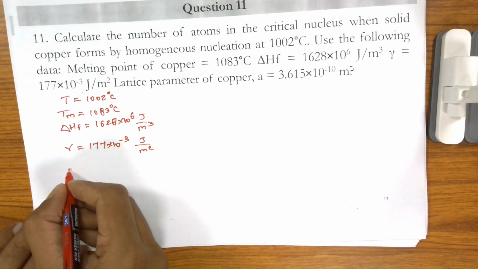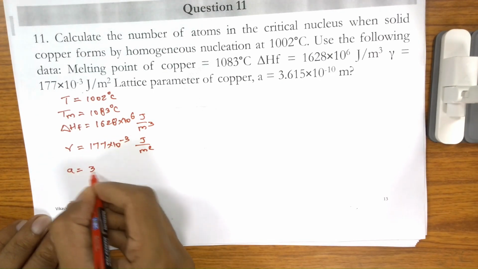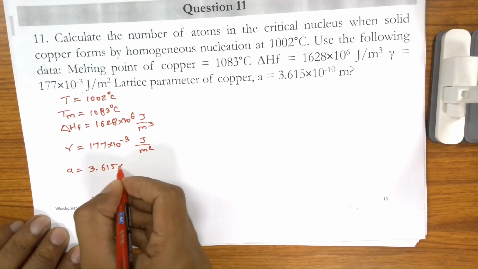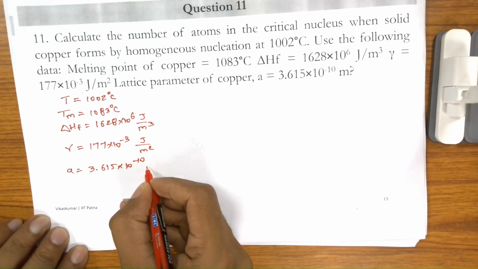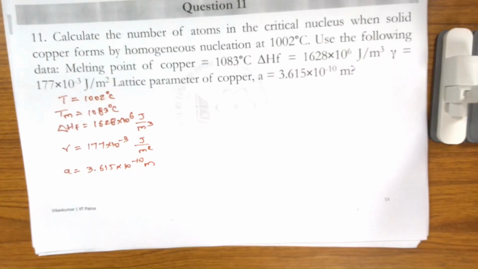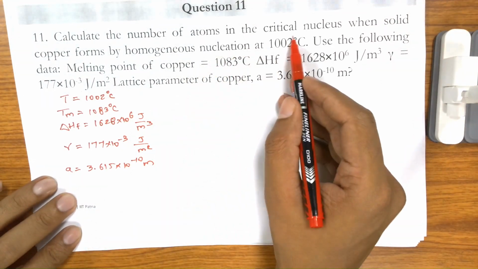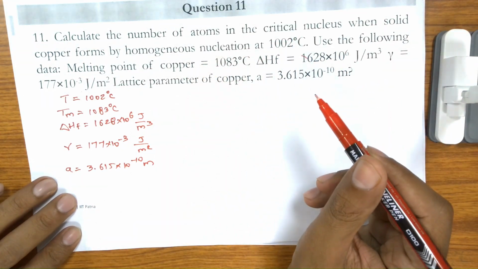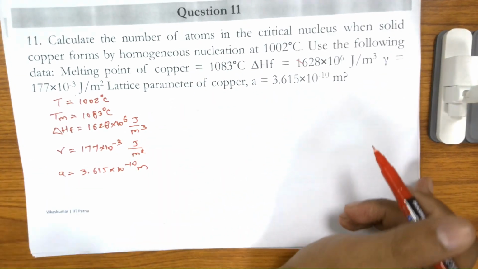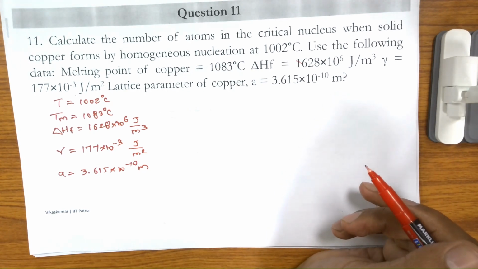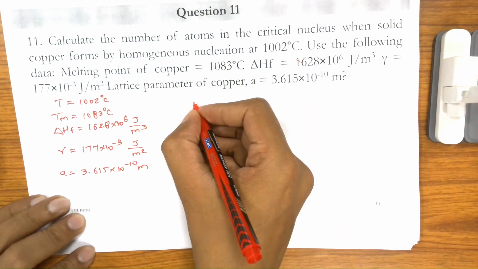And the lattice parameter of copper is 3.615 into 10 to the power of minus 10 meter. So we have to find the number of atoms in the critical nucleus. Let's first try to find the radius of the nucleus.